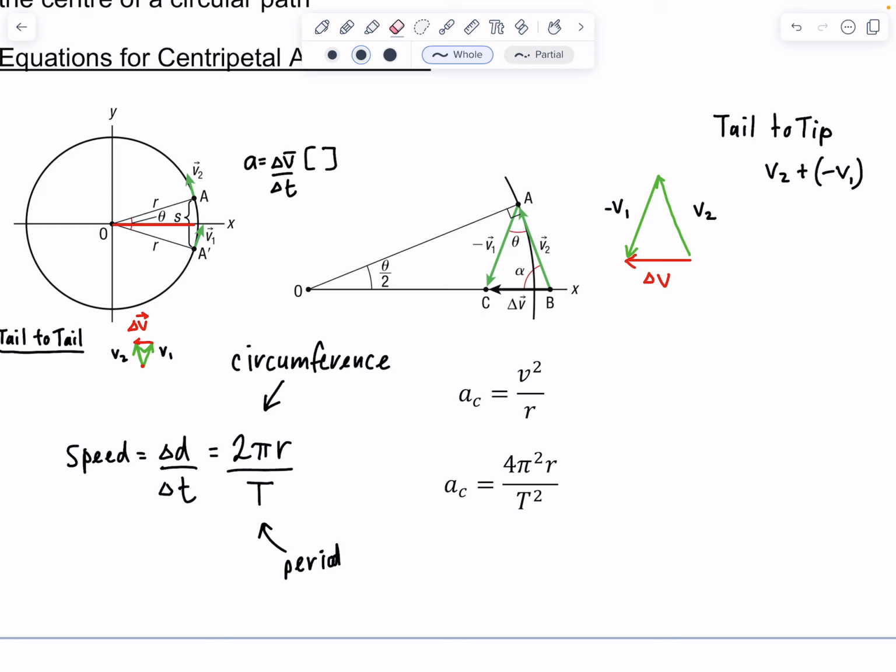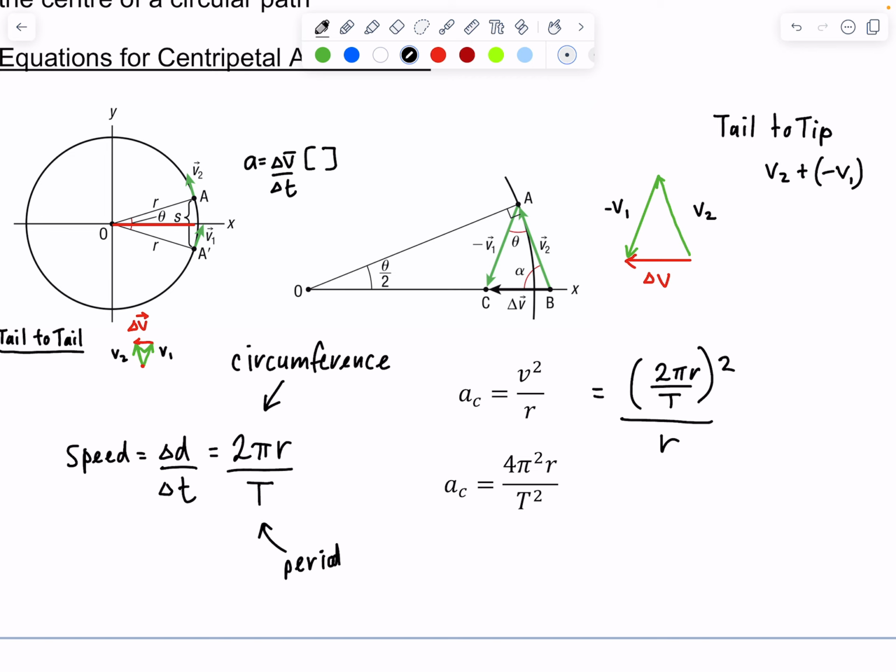So we have an equation that states acceleration is equal to v squared over the radius. We know that v is 2 pi r over period, squared, divided by the radius.